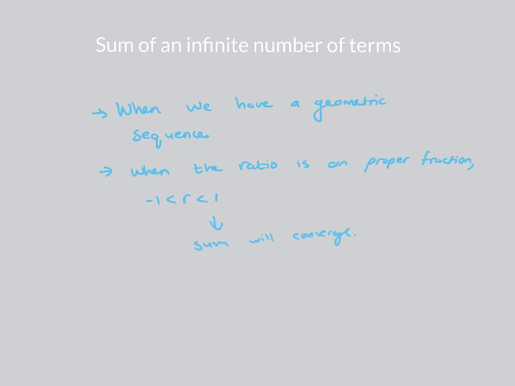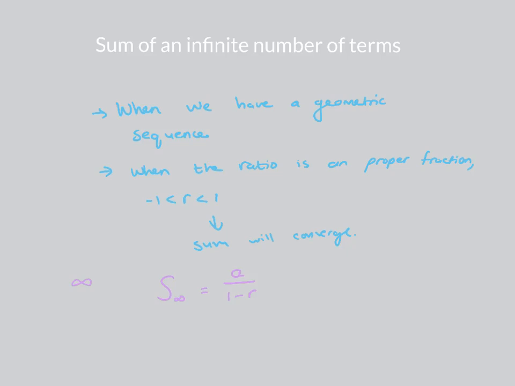So what we've got is the sum of an infinite number of terms, so that's the infinity sign. Oh goodness, that's not a good infinity sign. So that's the infinity sign, that fell over. It's equal to a over 1 minus the ratio. I'll put up the proof of that a bit later, how to derive that formula.